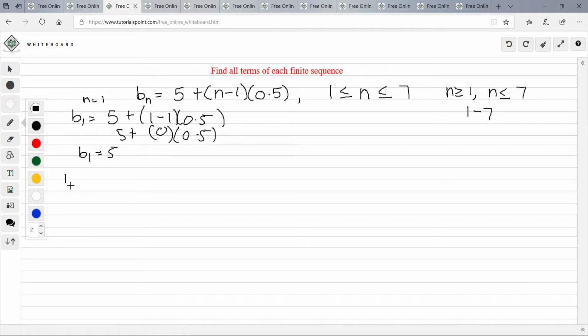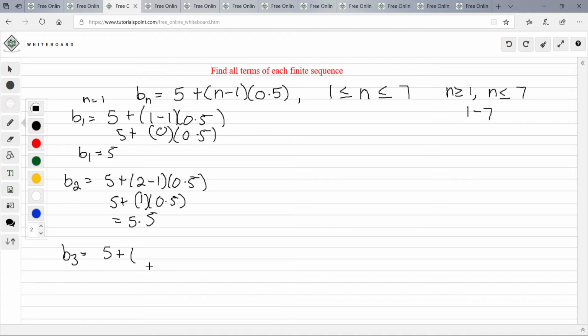B2 is just plugging 2 for n. It's not too hard, right? Three minus 1 is 2. I'm just going to do that in my head.